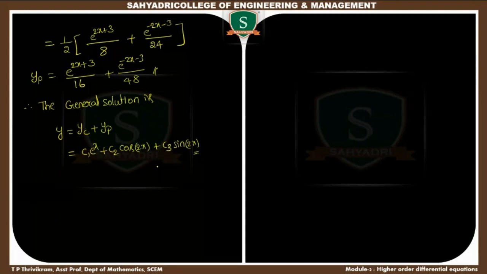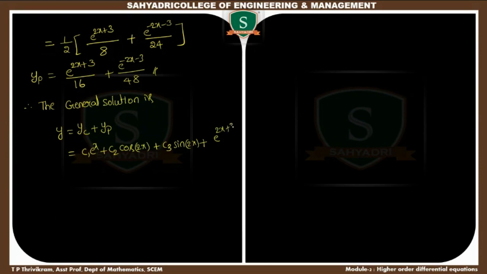Next, plus this one. yp is nothing but e power 2x plus 3 divided by 16, e power minus 2x minus 3 divided by 48. So this is the general solution for your given differential equation.